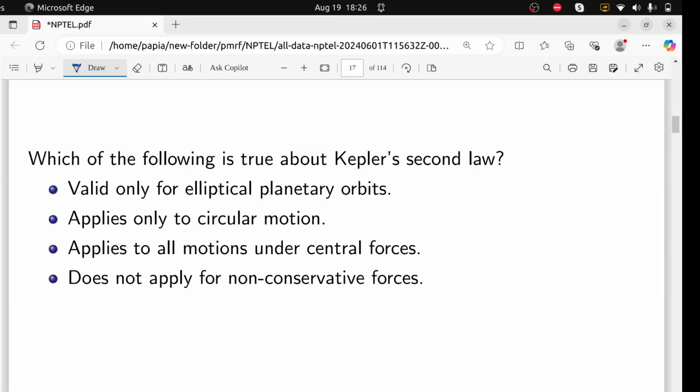Valid only for elliptical planetary motion? No, this is not correct. It is applicable for all the central force motions. Applies only to circular motion, that is also not correct. Applies to all motions under central forces, that is correct. Does not apply for non-conservative forces, that is also not correct. So it applies to all motions under central forces.